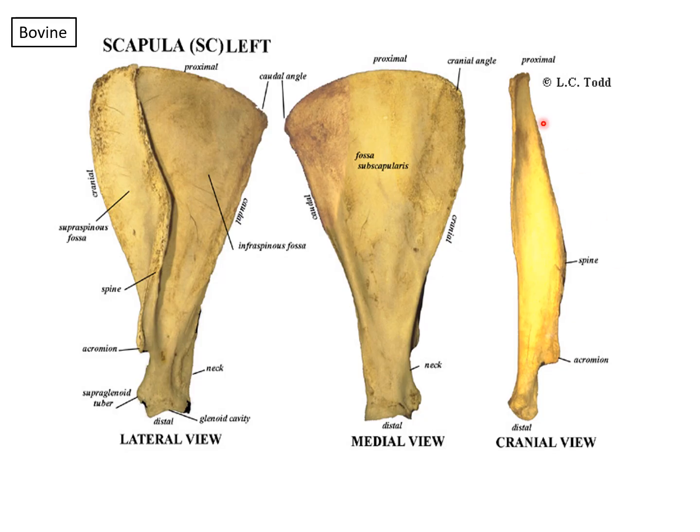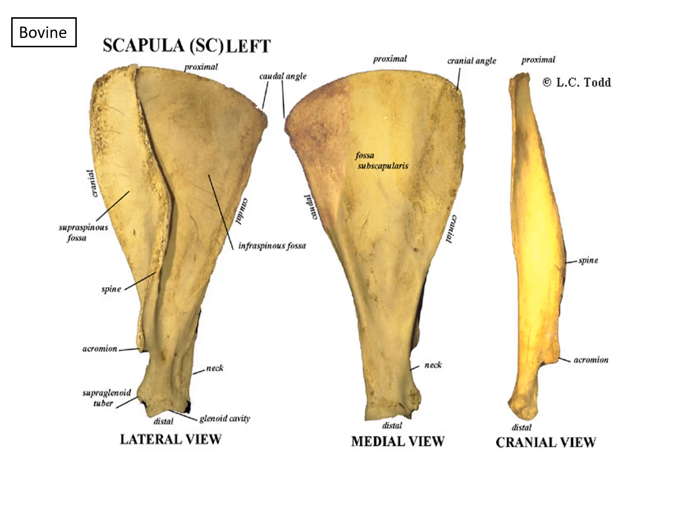This is in the bovine species. Okay, in the bovine, as you can see, the little enlargement here, that's a tuber of spine. Okay, and then the acromion process, which allows for the attachment of this muscle. This is the medial surface, and then there's a cranial view of the scapula in the bovine species.